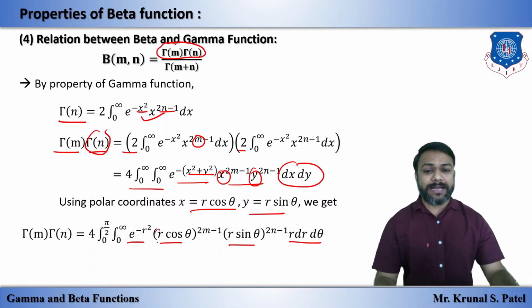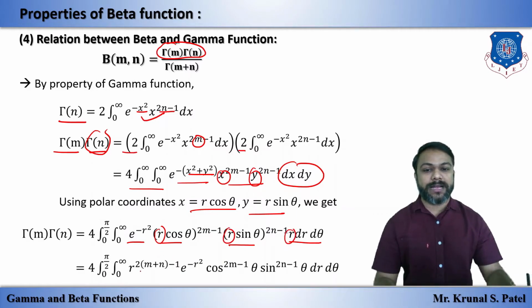Now r raised to 2m minus 1, r raised to 2n minus 1, and r raised to 1, so total r raised to 2m plus 2n minus 1. Taking 2 common from this 2, and e raised to minus r square as it is, and this is the term of theta.